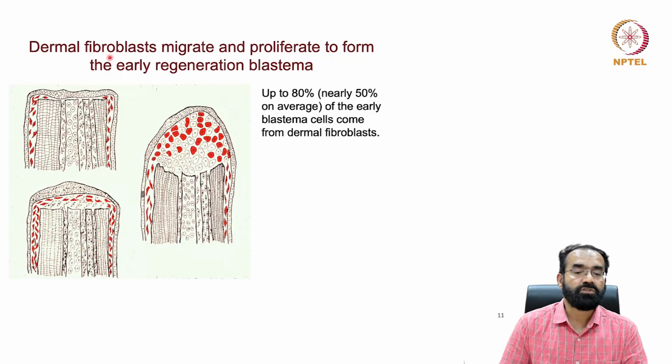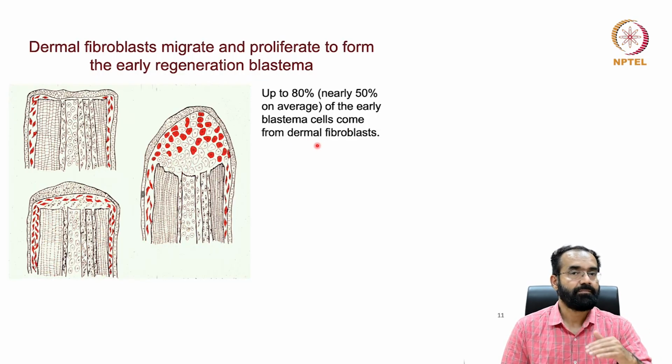We can also see the dermal fibroblasts migrate and proliferate to form an early regeneration blastema. So you have created an amputation here, and it forms a small lump, and then it increases in number, and nearly 50% on average, up to 80%, of the early blastema cells come from the dermal fibroblast.